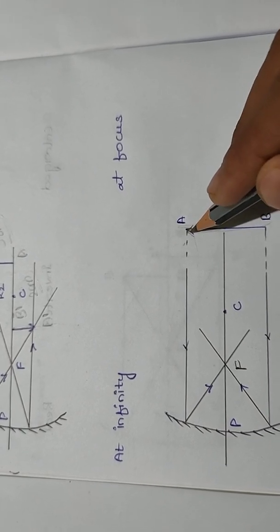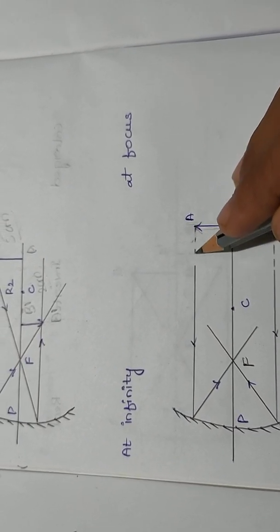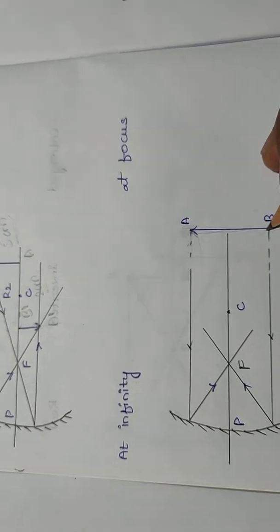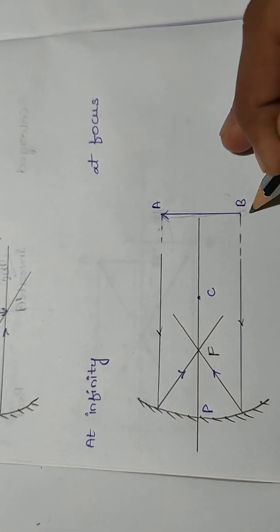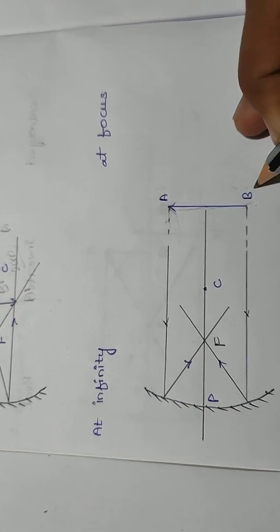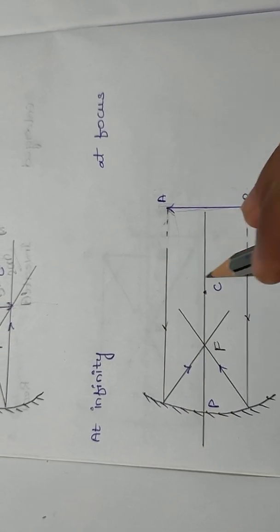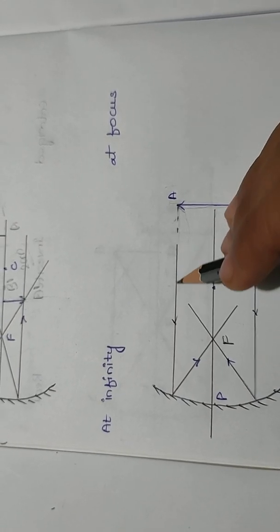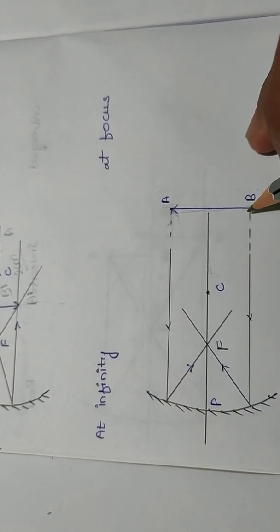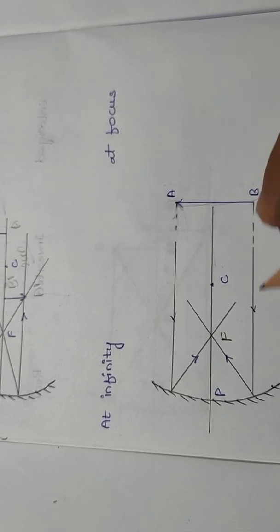So let us consider one ray is projecting from this side and one ray from the bottom. Two rays are projecting from this object A and B. One ray is going exactly parallel to the principal axis. This is my principal axis. Another incident ray is also going parallel to the principal axis.